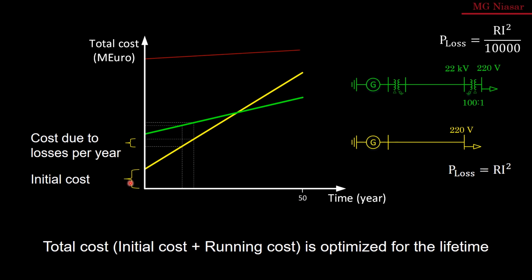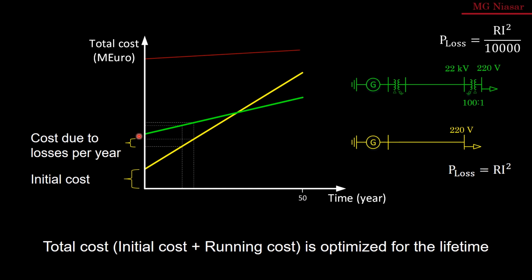The initial investment is small because we do not have transformers. The transmission line does not need high isolation levels. We don't need large towers and so on. But as you can see, the running cost is very large. So the slope of this line is very sharp. Every year, the total cost of the line increases and increases because we have a lot of power lost.